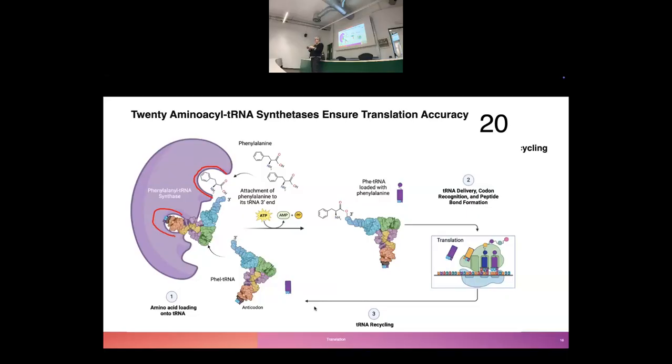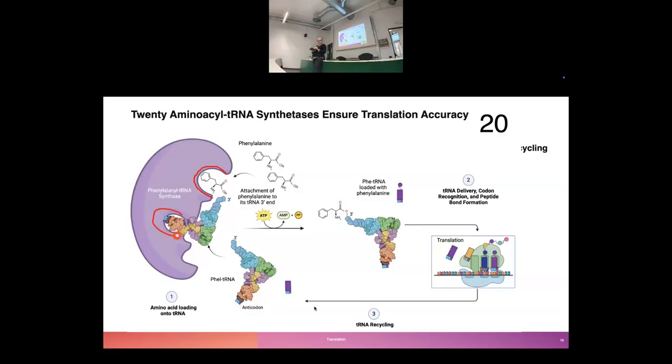Okay, I took the example, let's say if this one is specific for phenylalanine tRNA, this one will be a tRNA with an anti-codon that codes for phenylalanine, because of the specificity of the anti-codon.